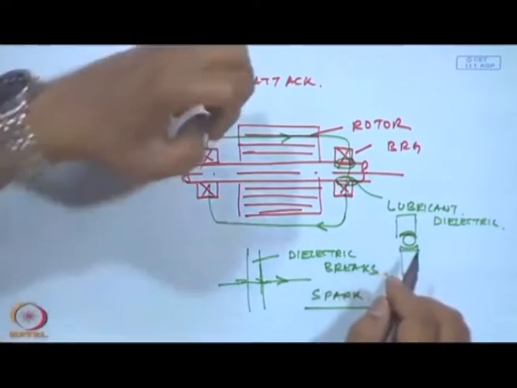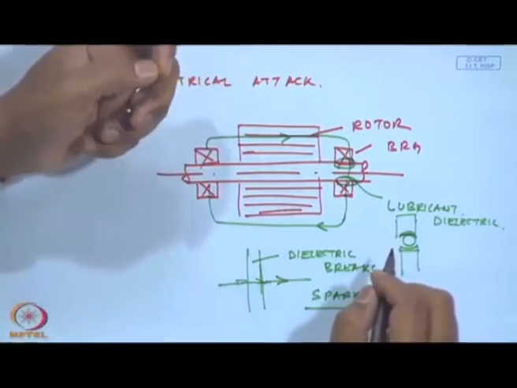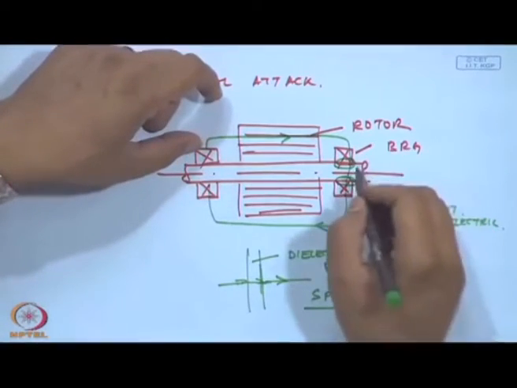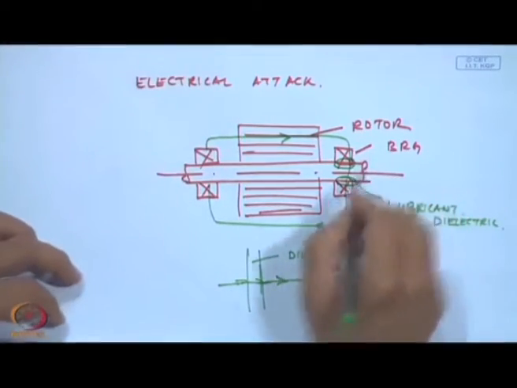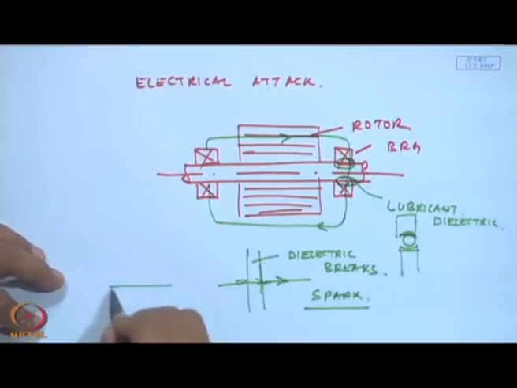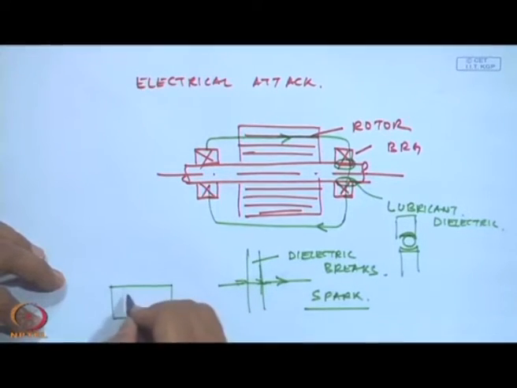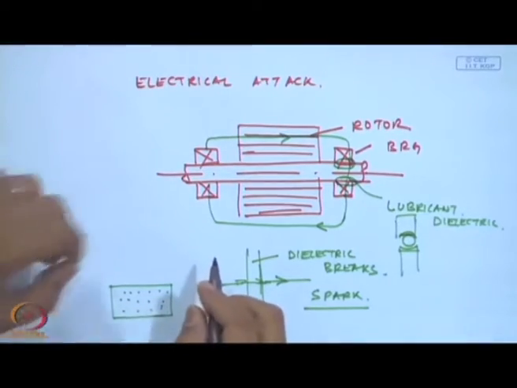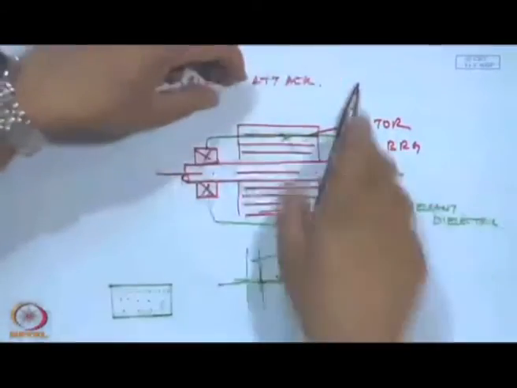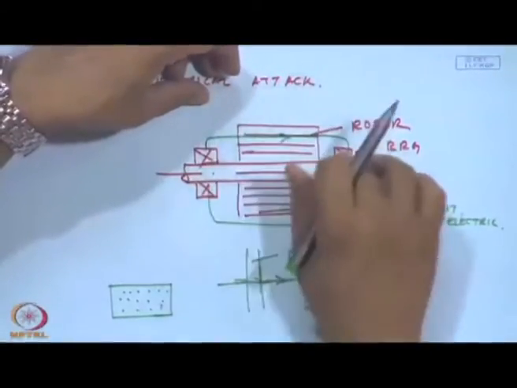So, this sparking comes with a high energy of heat, momentarily. So, this is going to produce a lot of pitting on the bearing surface. I will show you in the next class some pictures of what happens when this bearing pits. So, a lot of pitting marks will come on the walls of the inner race or the outer race because of an electrical discharge going through this circuit.